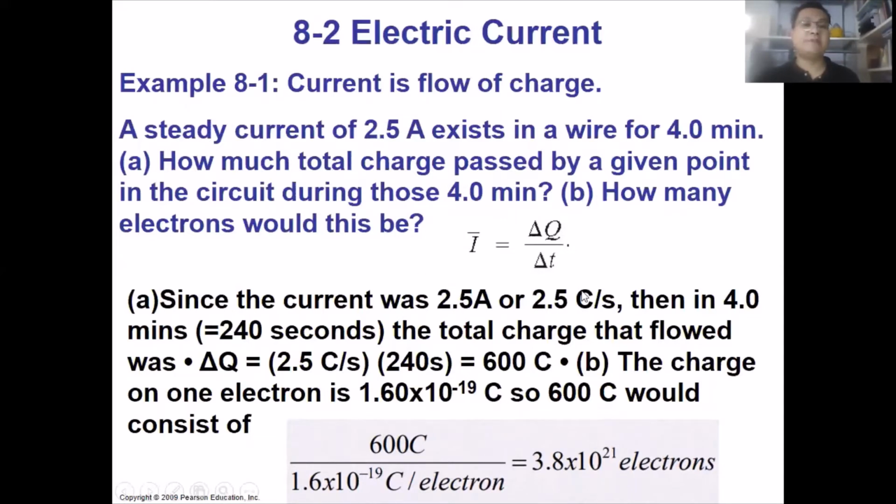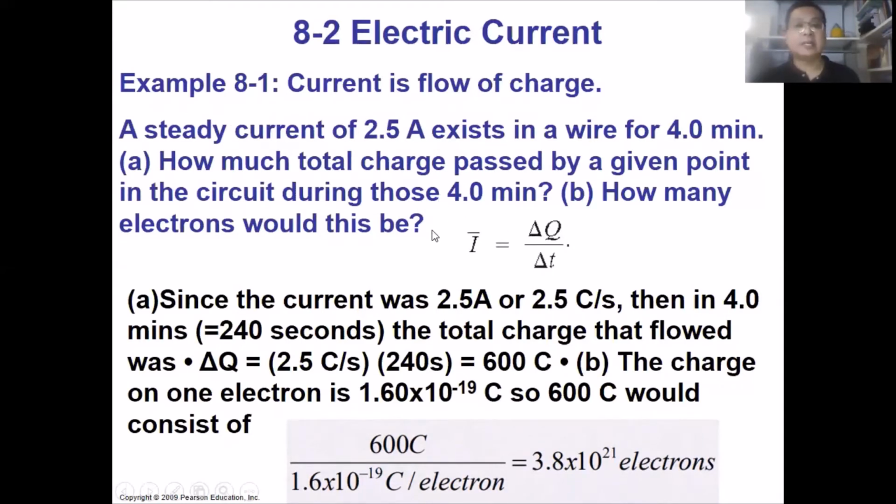So we refer to the equation of current, I equal to Q over T. Here Q is the unknown. The current I is 2.5 ampere, and the time is 4 minutes.